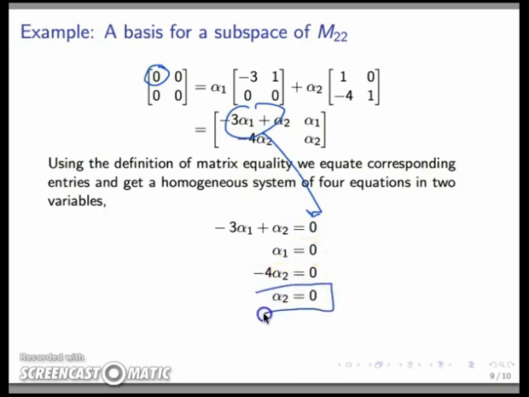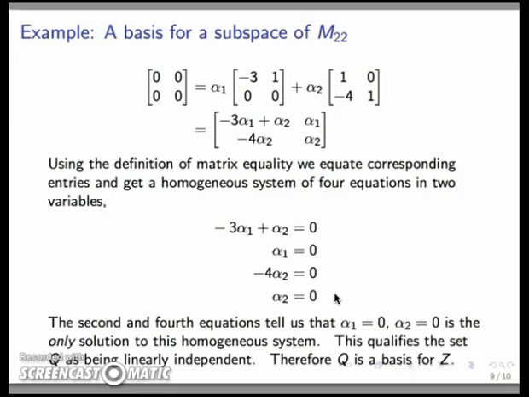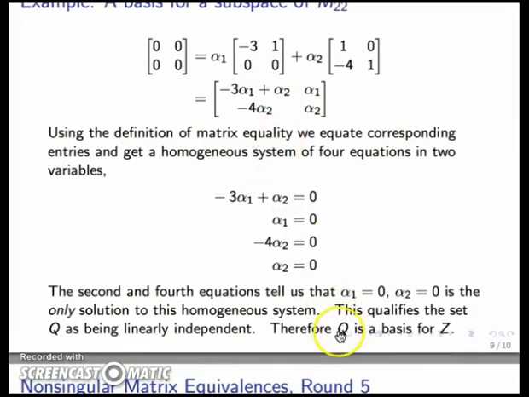We observe that alpha 1 and alpha 2 are 0, so the trivial solution is in fact the only solution of this homogeneous system, and that implies linear independence. In other words, we conclude that Q is linearly independent, and since we had already established that Q is a spanning set, we conclude that Q is indeed a basis for that subspace.